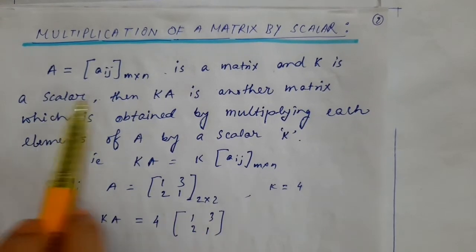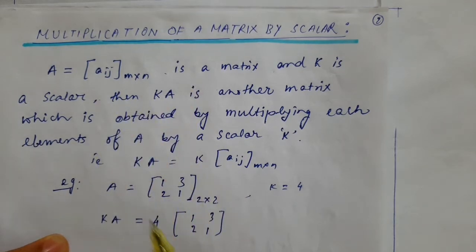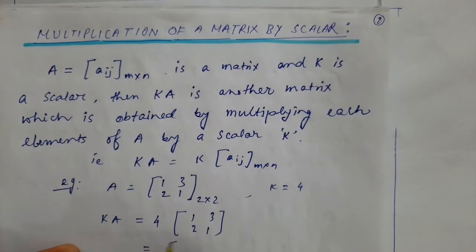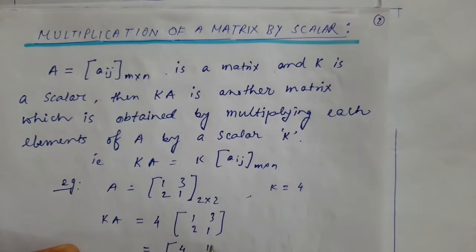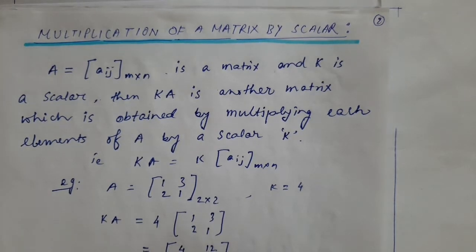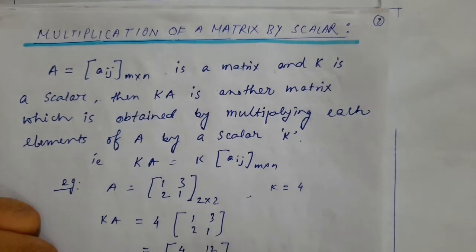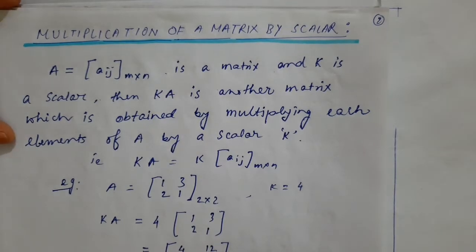By the rule of multiplication of a matrix by a scalar, we simply multiply each element by this 4. 4 into 1, that is 4. 4 into 3, that is 12. 4 into 2, that is 8. And 4 into 1, that is 4. So simply we can multiply a matrix by any scalar quantity. Here I am taking an example with K equal to 4.